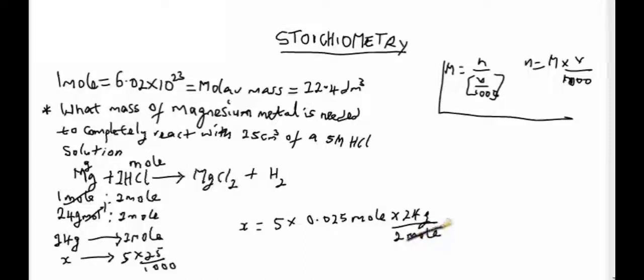Now mole will cancel mole, then the 2 cancels, and that should give me 12 times 0.125, a total of 1.5 grams of magnesium metal.